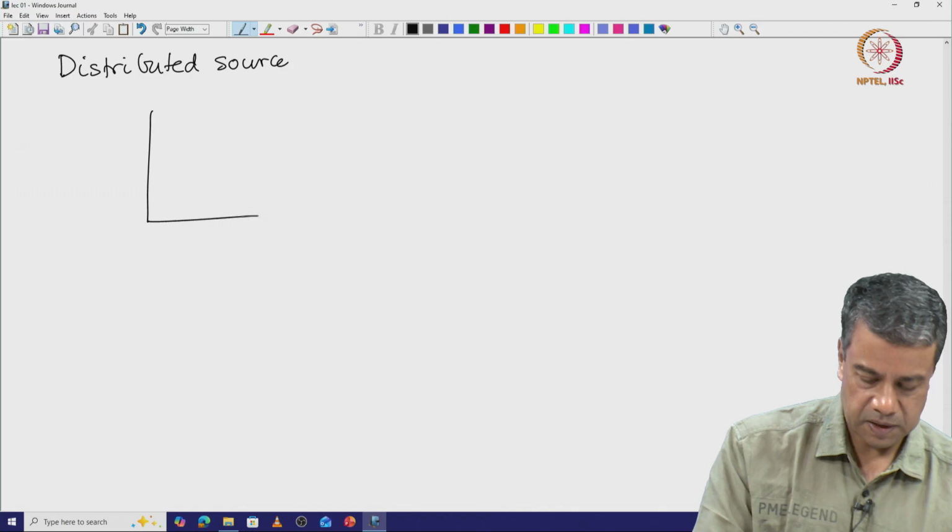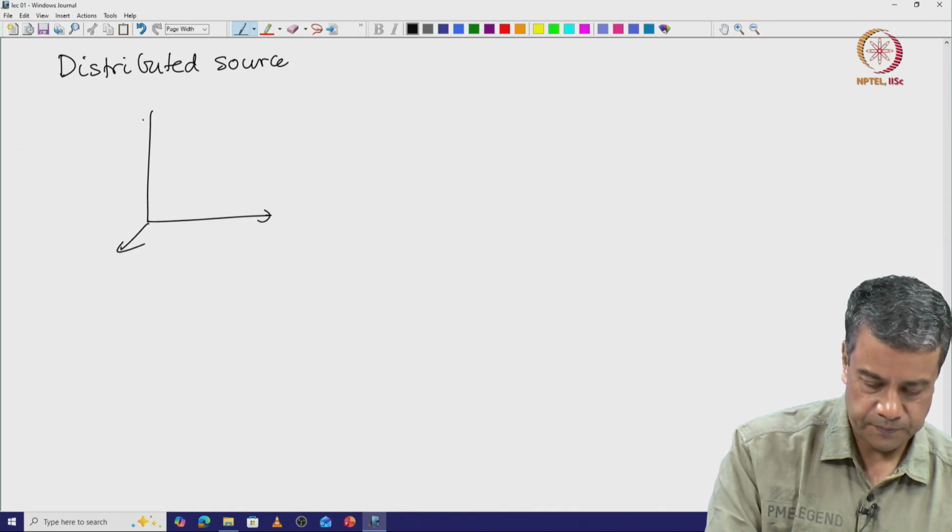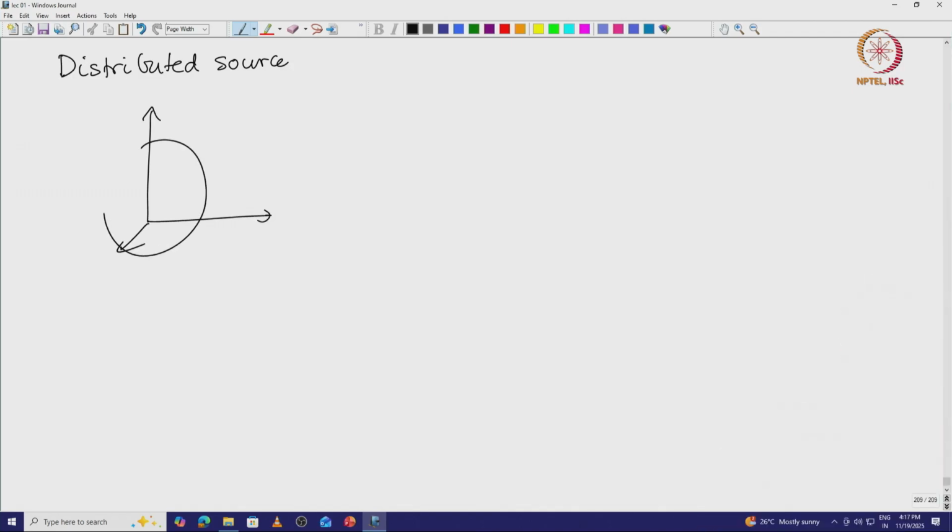So, in that case you have some particular region, volume V, where you have a distributed volumetric source QV of x per unit volume per unit time.